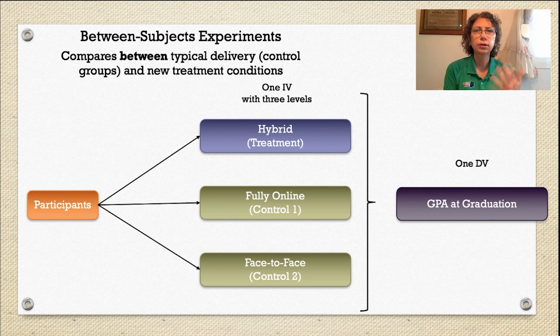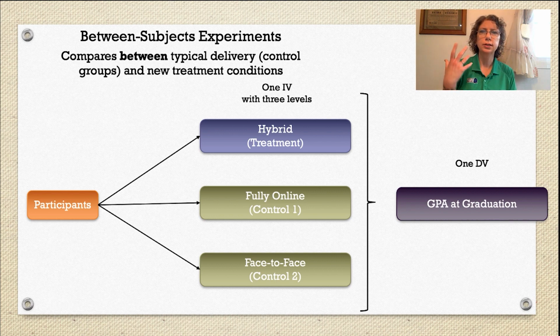What could be impacting someone's GPA at graduation other than just what delivery method they were in the course, right? Are there differences between these groups that are not really due to the course itself? It's due to something else. That would be an extraneous variable. And if that difference between those groups is impacting GPA, it then becomes a confounding variable.